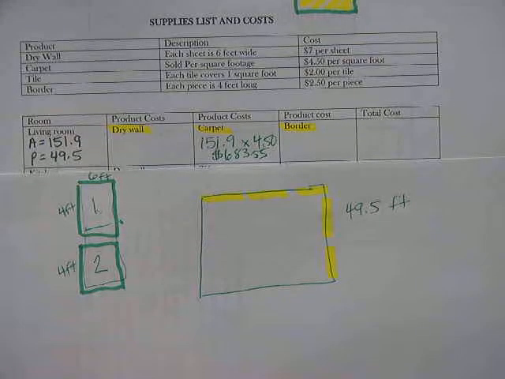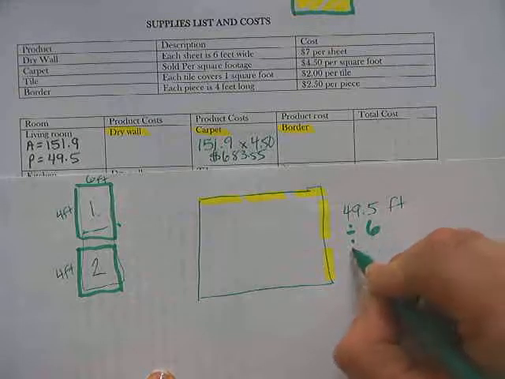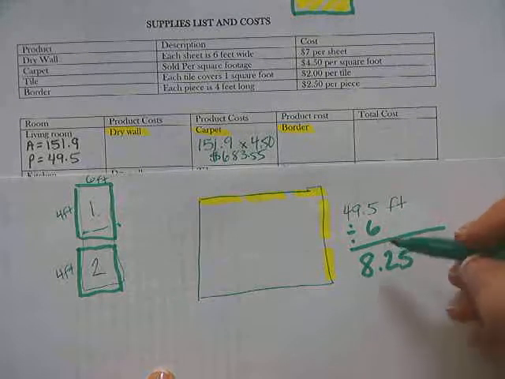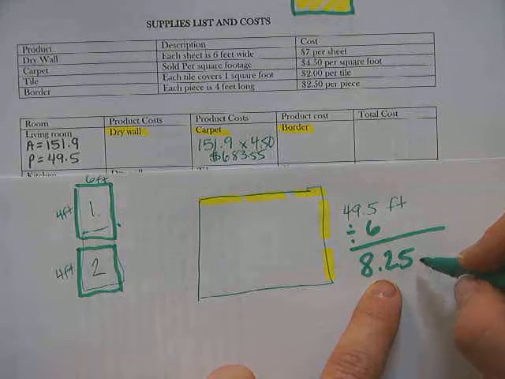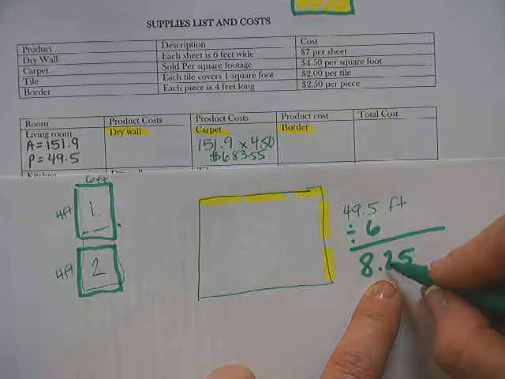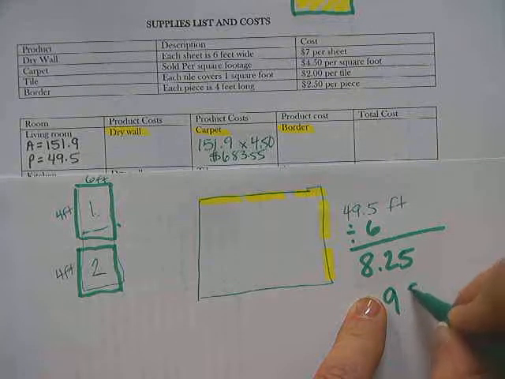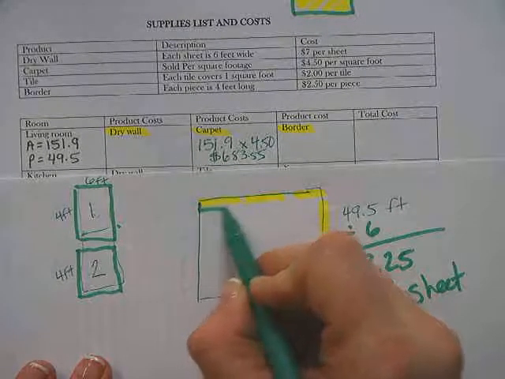Okay, so we're going to first divide 49.5 by 6. When you divide that by 6, it's going to take 8.25 sheets of drywall. Now, they're not going to let us buy an extra quarter of a sheet, so we need to round that up. So that's going to be 9 sheets of drywall.